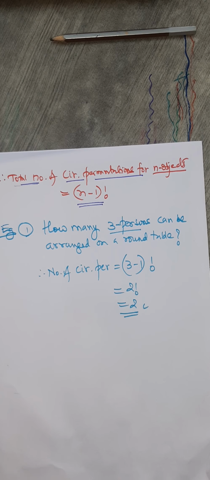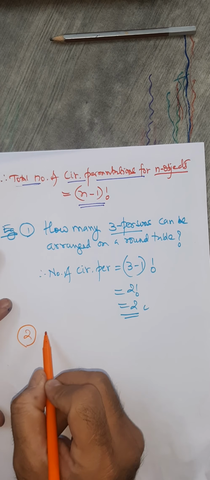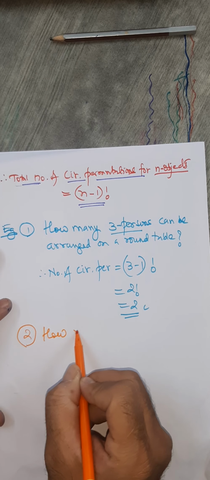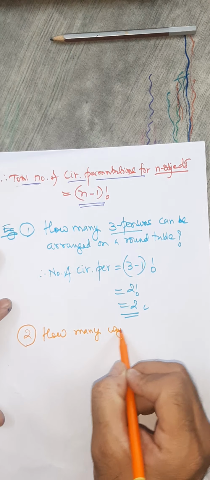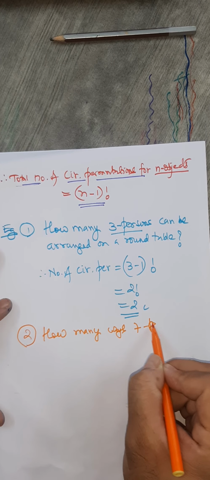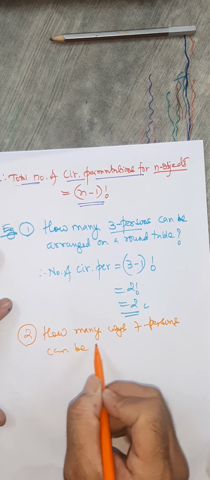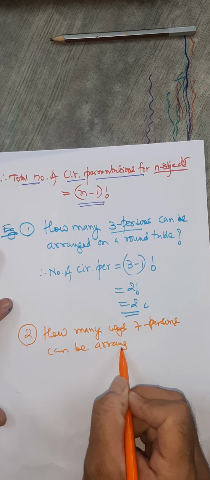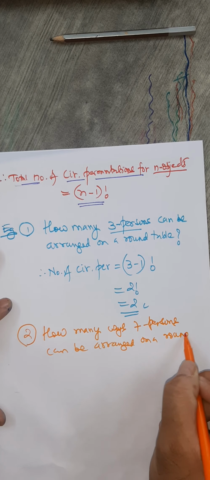Fine. How many ways can 7 persons of a committee be arranged on a round table? Remember, on a round table.